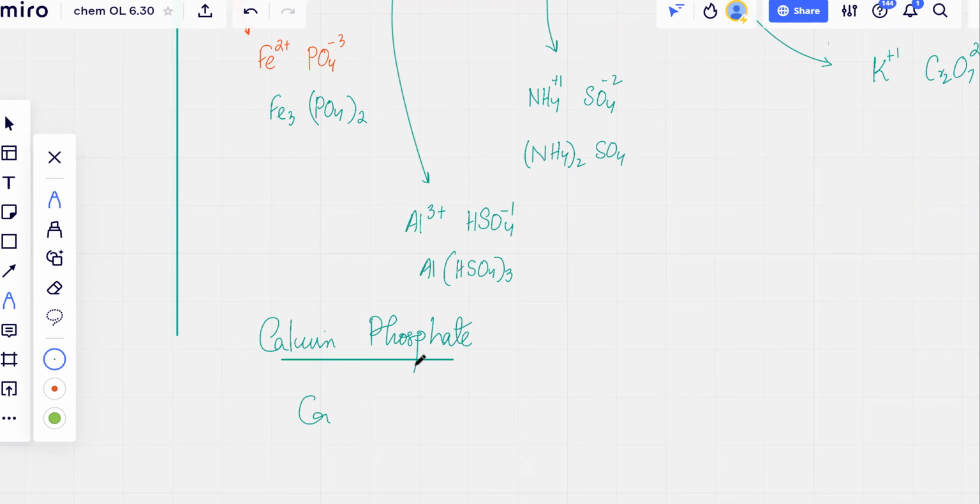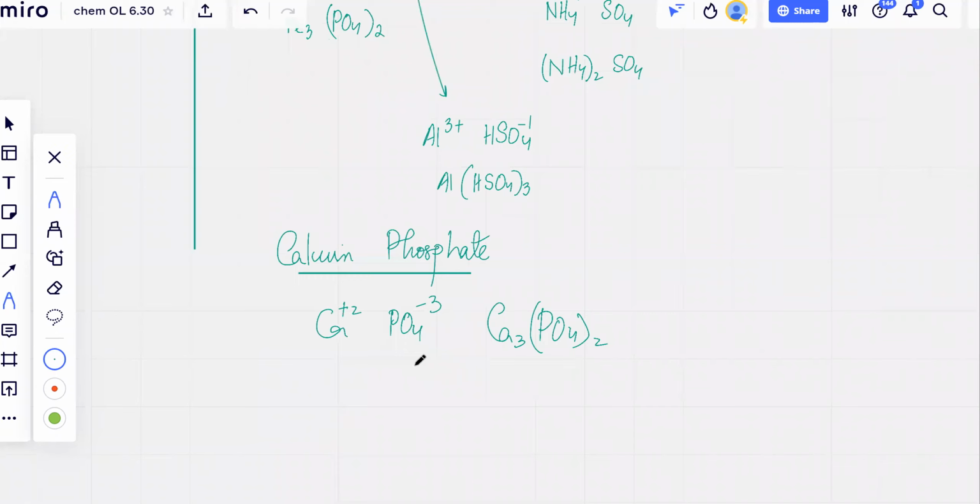Ca. What's the charge on Ca? Plus 2, and phosphate is PO4 minus 3. So phosphate is PO4. So what's the formula? Ca3, then bracket starts with PO4, bracket ends, and then 2.